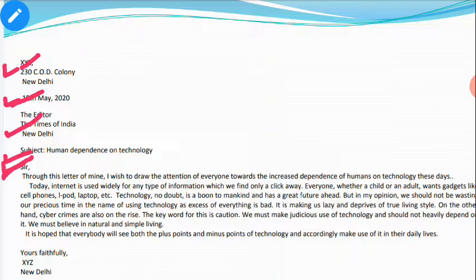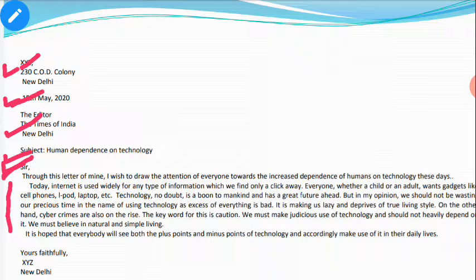If you notice the content of the letter, you'll see it has been divided into 3 separate paragraphs. The first sentence itself serves as the introduction, and then the middle paragraph is the elaboration, or the details of the subject on which you are going to write.